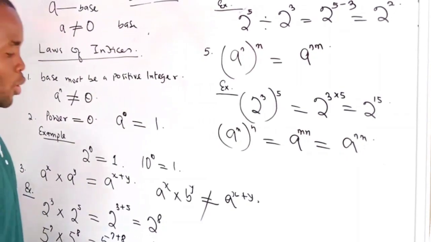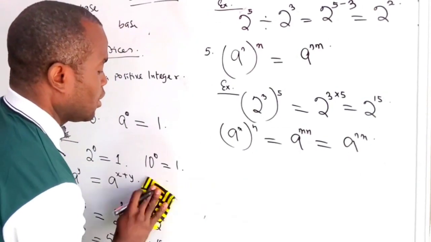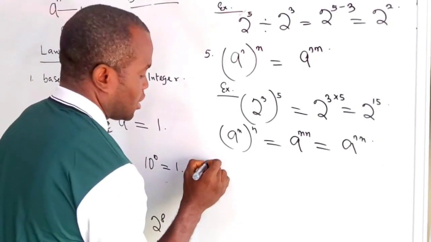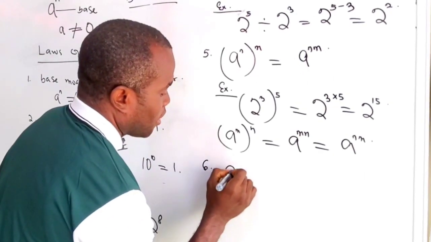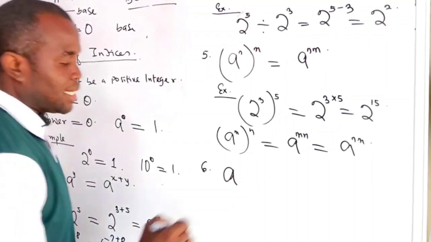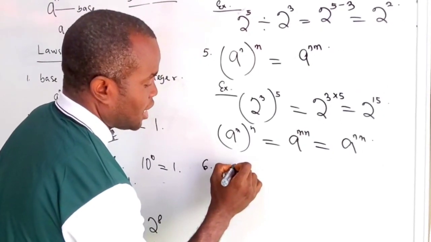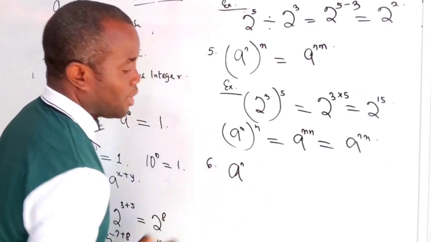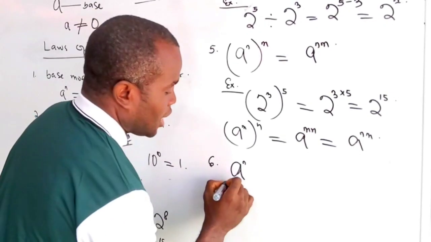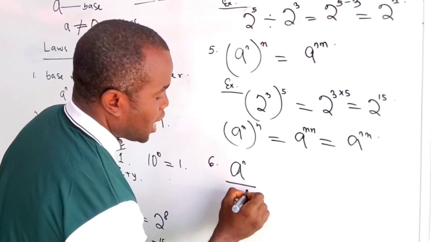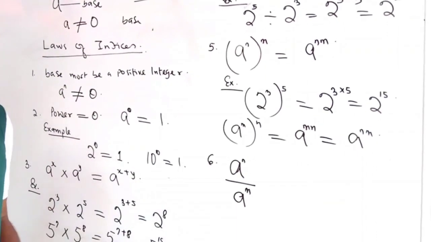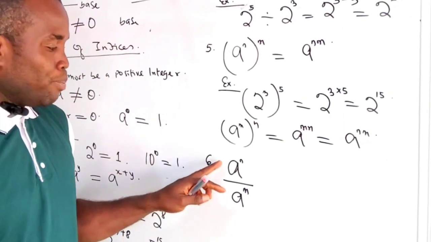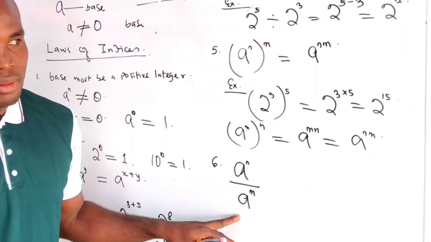All right. So let's take another law. Law 6. If you have a base like this, a raised to power n, divided by a raised to power m, what do you do? Now note, the base must be the same thing.